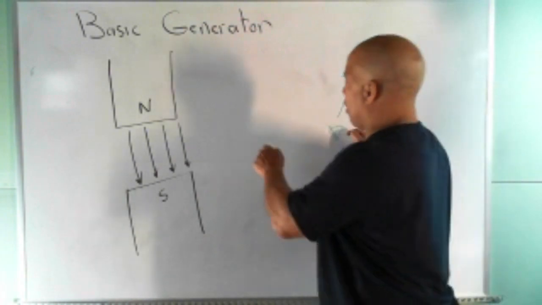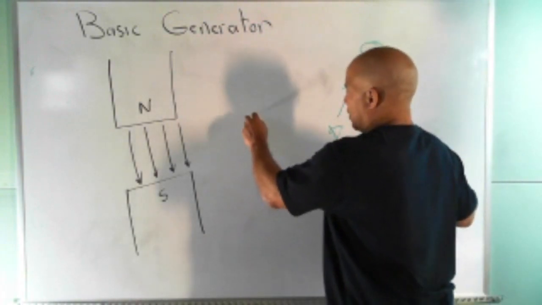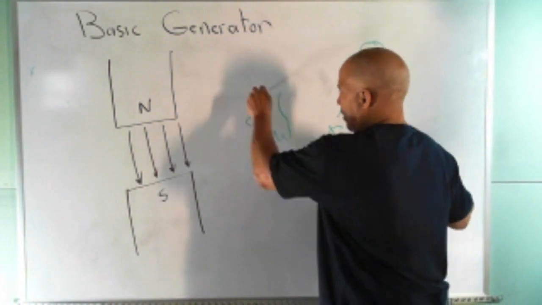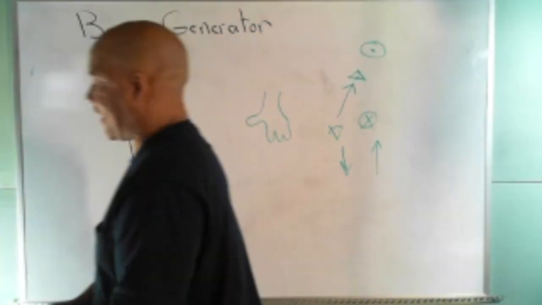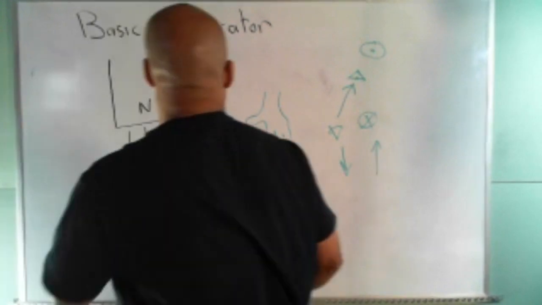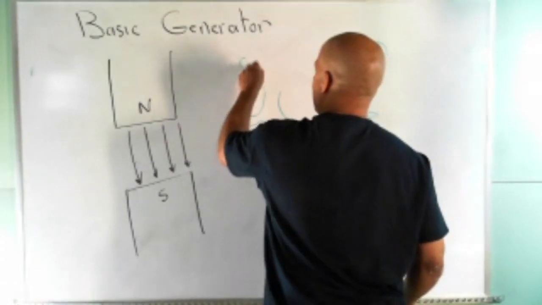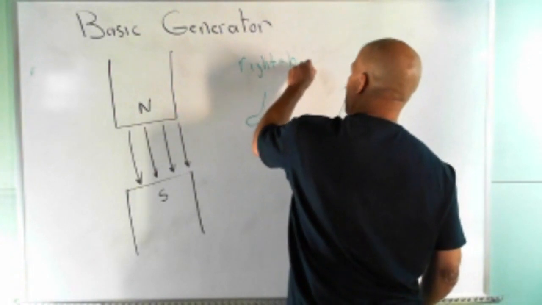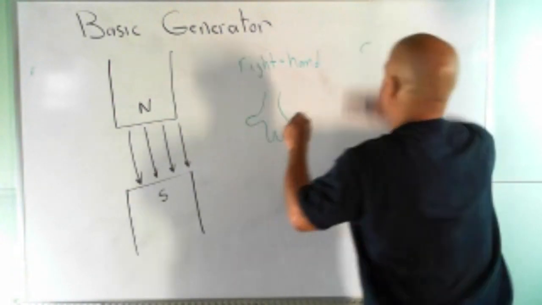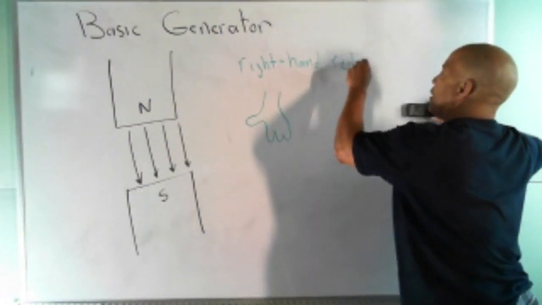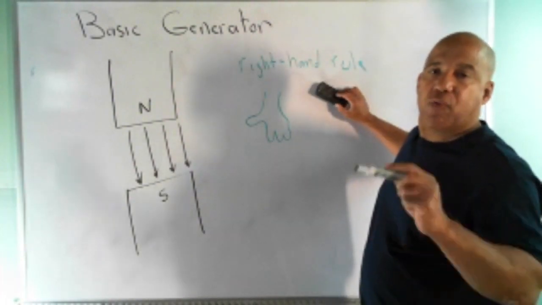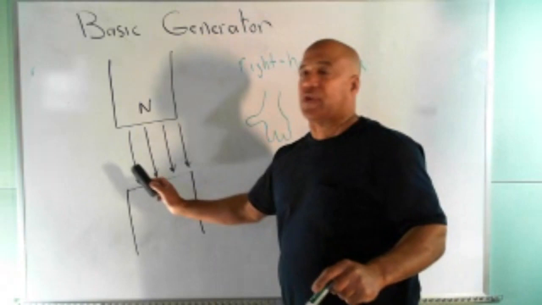Let me see if I can draw a hand. So if I draw a hand like that, this is the right-hand rule, if you're writing that down. It tells you the direction of the force on a moving charge through a magnetic field.